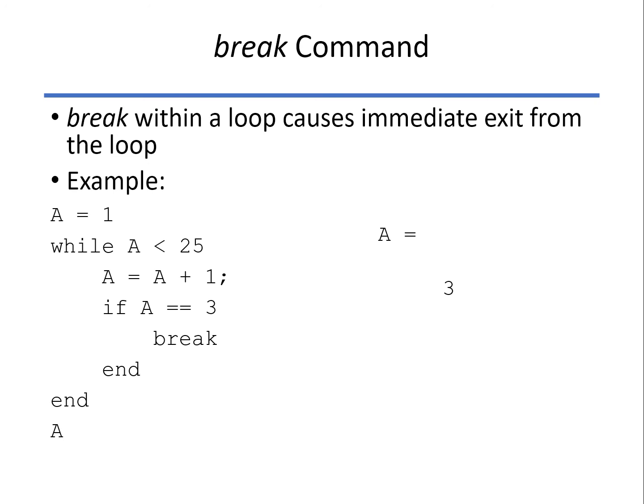We keep adding 1 to it, but the third time through where a is equal to 3, at that case the execution of the loop discontinues at that point. We go to the end out of the loop and just report the value of a back to the screen. So a lot of times that kind of statement can prevent you from having an infinite loop if you have the condition such that if this is encountered, it will terminate execution. That's the break command.